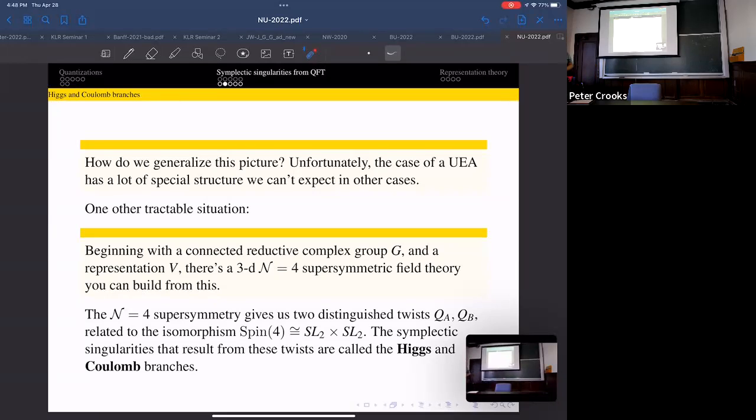I saw a talk once by, I forget who it was, maybe Tudor, who claimed that Higgs and Coulomb branches are both coming off of each other, like what happens when you have a singularity and there's a derived bit coming off of it or something. I don't know if there was any justification for that, or if I'm remembering right. It's an interesting story. Okay, when should I stop? Around 5?